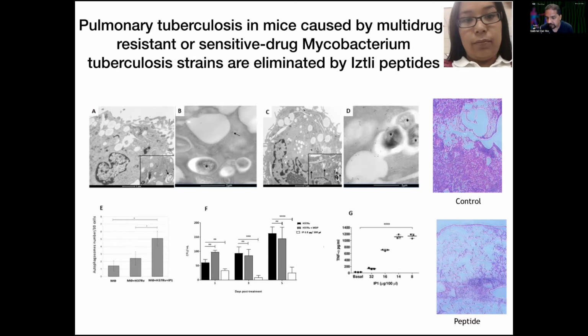Then the lungs of these animals, once they are treated with the peptide, are capturing the oxygen or the air. So this looks like a normal, healthy lung, as well as the animals, right?